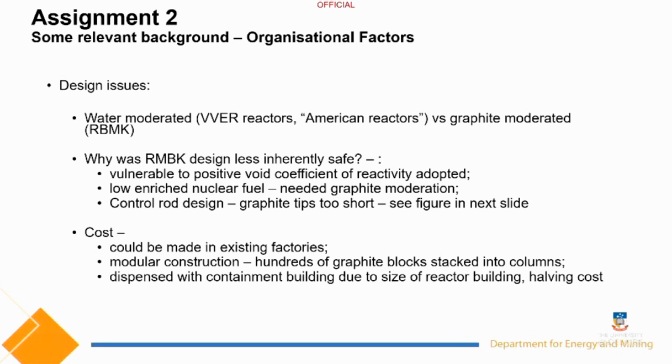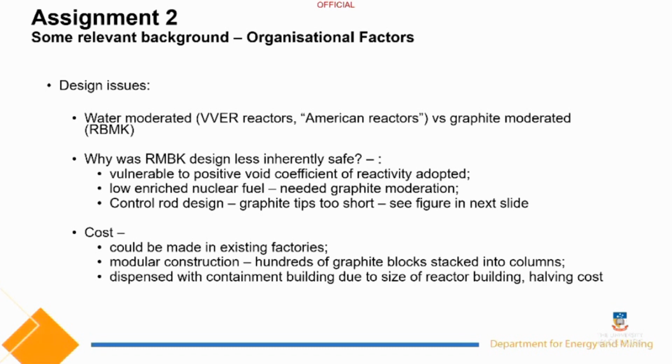The other issue, which I'll talk about in a moment, was the control rod design. The tips were too short. So the cost advantage came quite clear, not only because of the saving from using less enriched nuclear fuel, but also because these reactors could be made in existing factories.